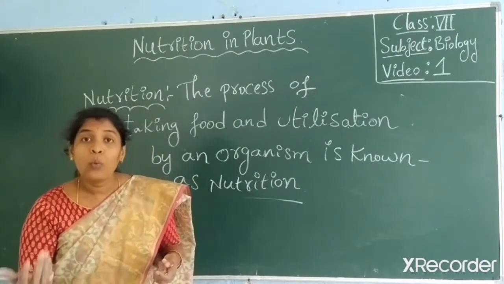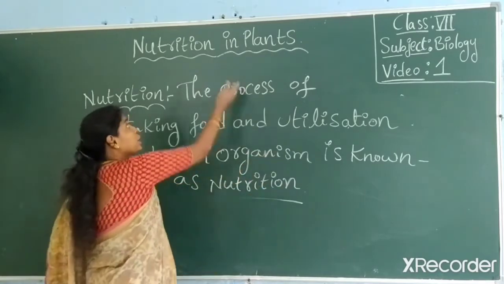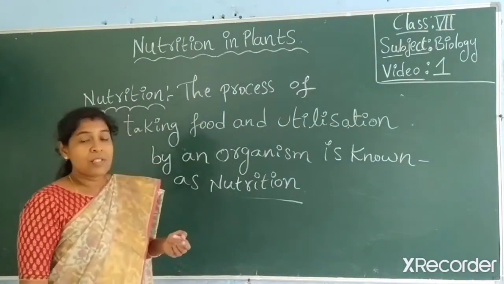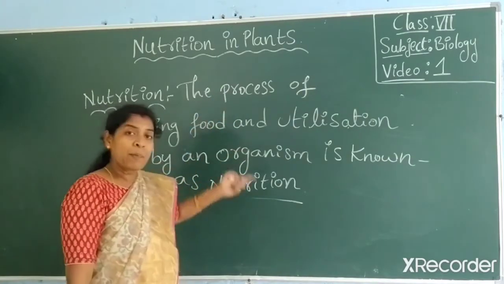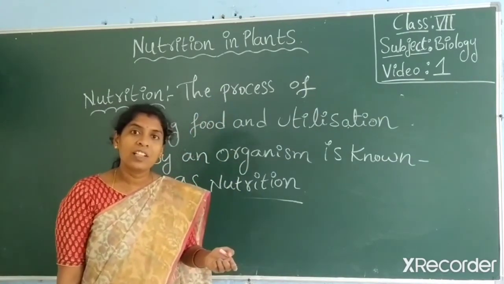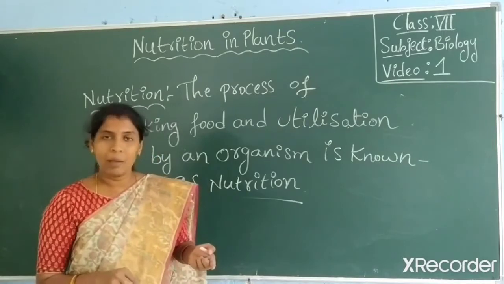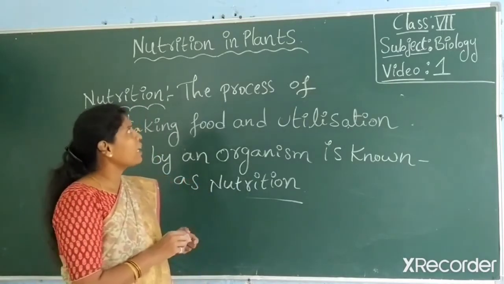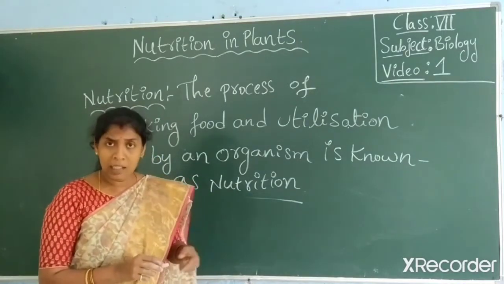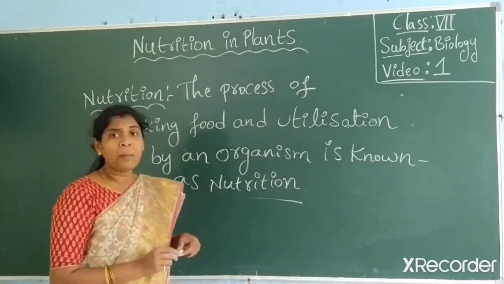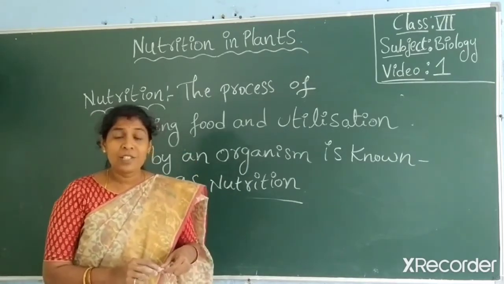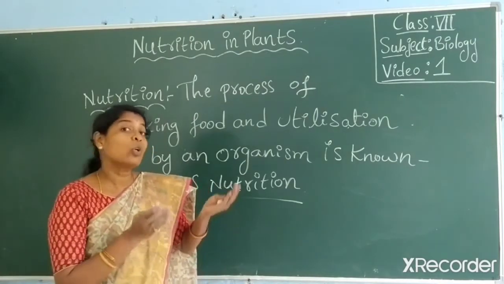But now we are discussing nutrition in plants. So as for nutrition in plants, from where are these plants taking food? That is a question mark. Am I right? Are they taking food from other plants? Are they taking food from animals? Based on that we have to look at it.